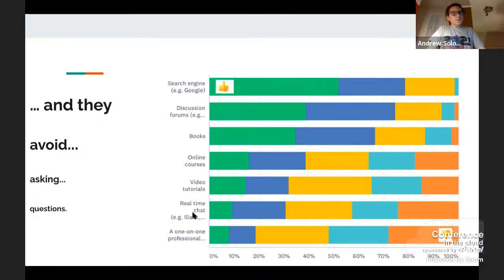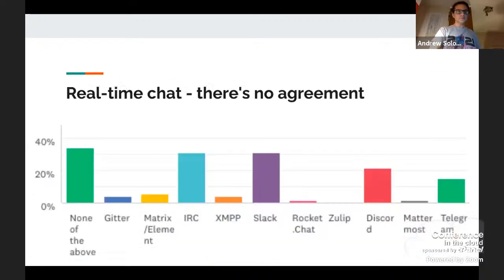Real-time chat. Now, this is the idea that I had when I came into this, and I realized it was a bad idea because it was the second least favorite approach to getting help. Furthermore, there are so many different kinds of real-time chat. It would be difficult to have any kind of impact because whichever one you choose, more people aren't using it than are.